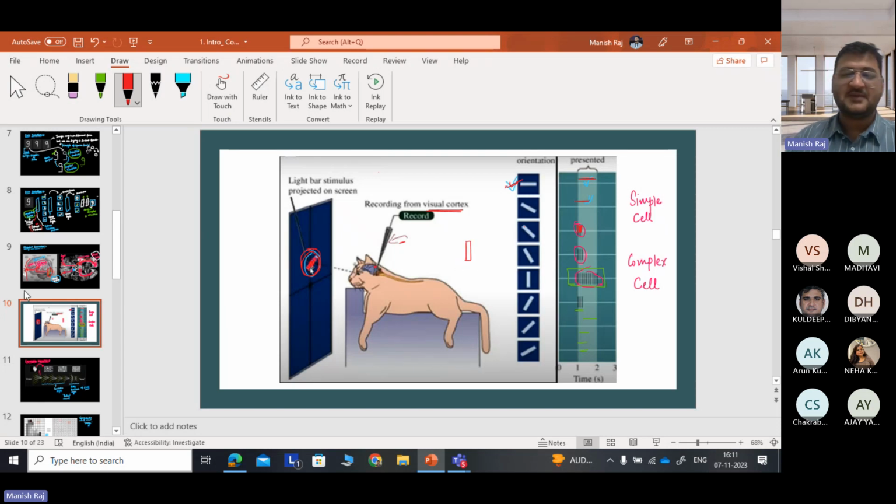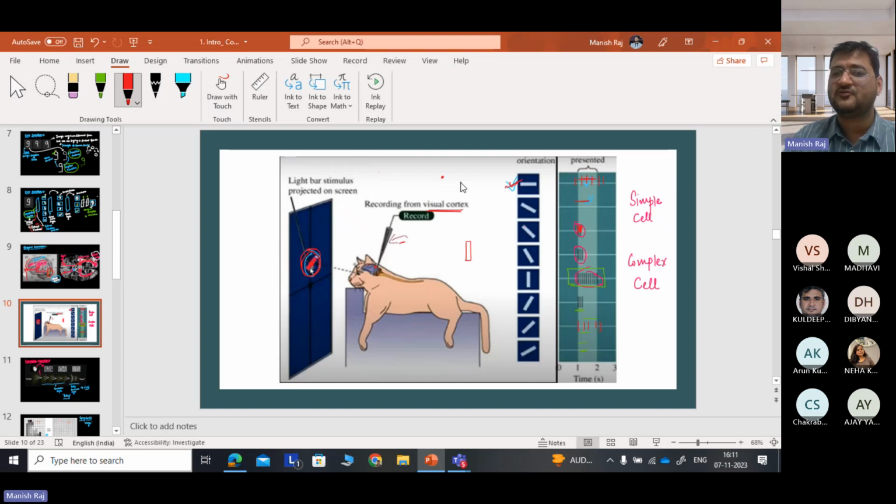Okay, then in the same experiment they changed the position and attempted the same thing. So at some places at the slant position they get the highest signal. At some places they are not getting any signal for the horizontal or other orientation. So they found what is happening at the visual cortex.